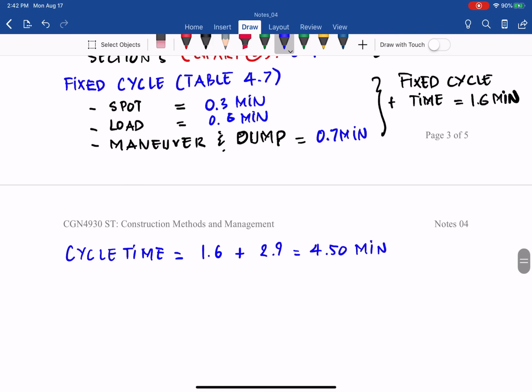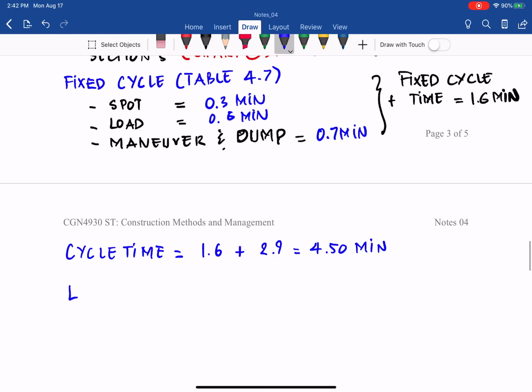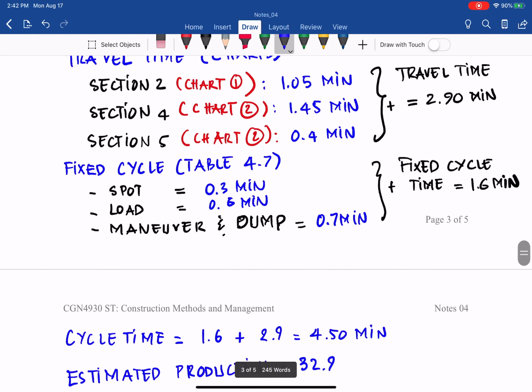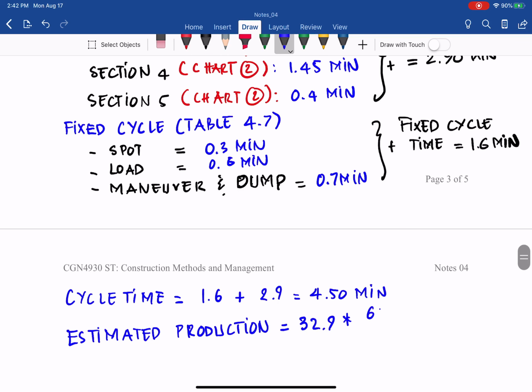And when you have that, you can apply for the estimated production. Production should be equal to load per cycle, 32.9, we already found 32.9 LCY per cycle, times number of cycles, which equals 60 minutes per hour divided by cycle time, 4.50 minutes, times the time efficiency factor, 50 minutes per 60 minutes per hour.